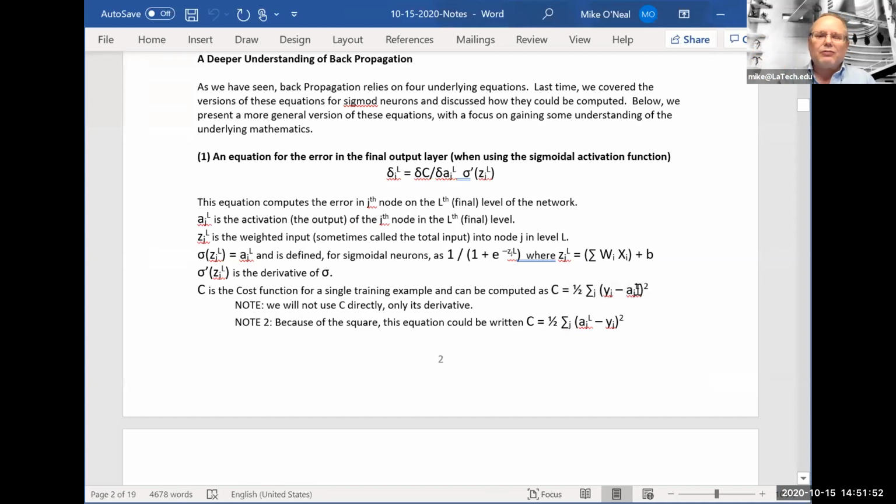The nice thing about that is when you take the derivative, as we'll show in just a second, if you have a 1/2 in the formula, a constant will go away. If you don't have a 1/2, you'll end up with a constant of 2 in front of your formula, and it won't matter. It's just a constant, and it just shifts things a little bit.